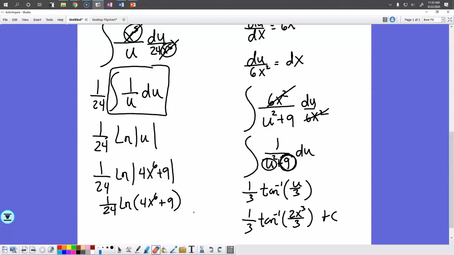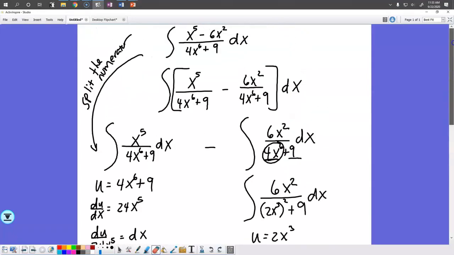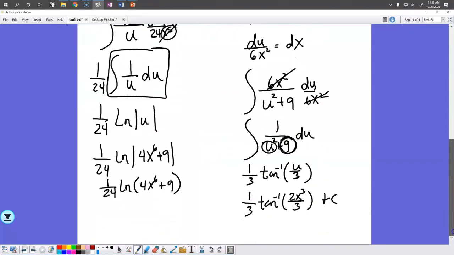Okay? But something that we might be apt to miss is not only did we split these things up, but when we did, you guys notice that these things are being subtracted from each other? Okay? So I'm going to come down here, and now that I've integrated each one of these things separately, I'm going to put a big subtraction sign between them. Now, that's kind of ugly looking, so I'm going to rewrite it so it looks more appropriate.